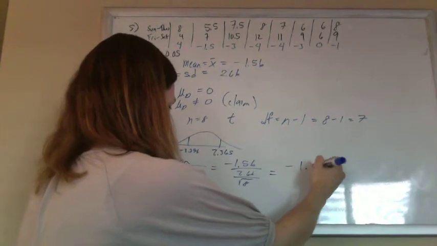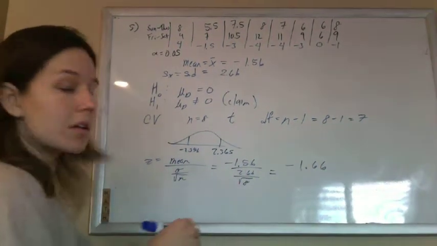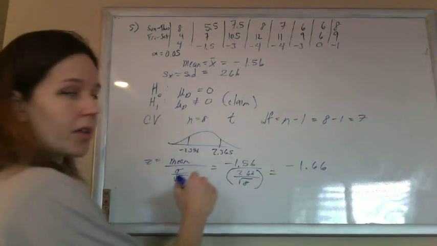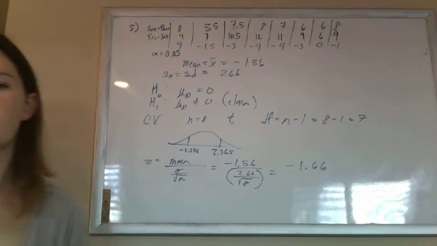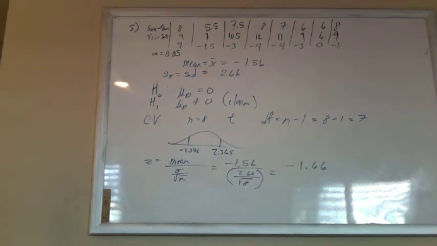Did you get negative 1.66? No, I got negative 2.7. Did you make sure you had parentheses all around there and there? So negative 1.56, open parentheses. Does it match now? Sorry, I totally messed up on that.